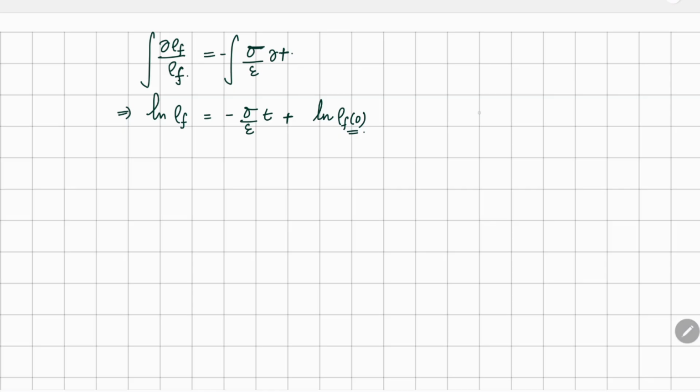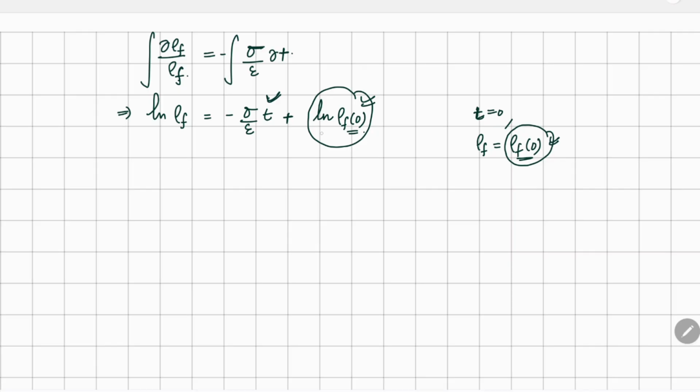Initially, when t equals 0, rho_f would be equal to rho_f0, because there would be some free charge density in a conductor. We can do it in a different way: I can take it as a constant c, then put t equals 0.